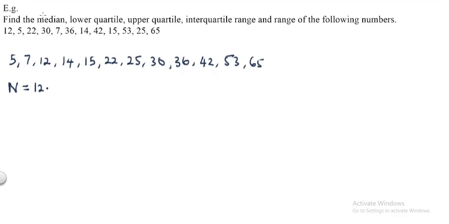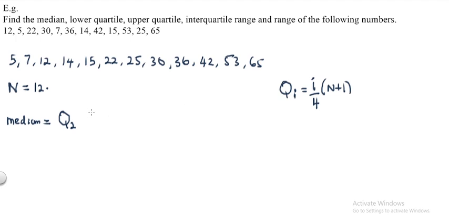The first thing we're asked to find is the median. The median is also equal to the second quartile, so the median is equal to Q2. Remember, the general formula for quartiles is Qi equals i over 4, open bracket, n plus 1.